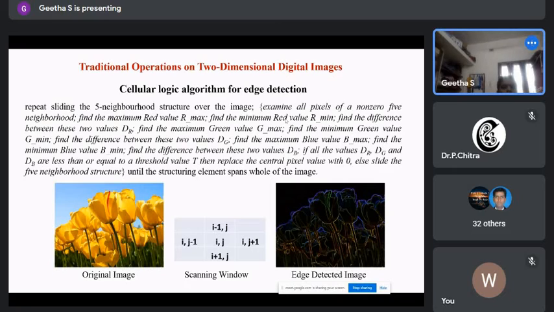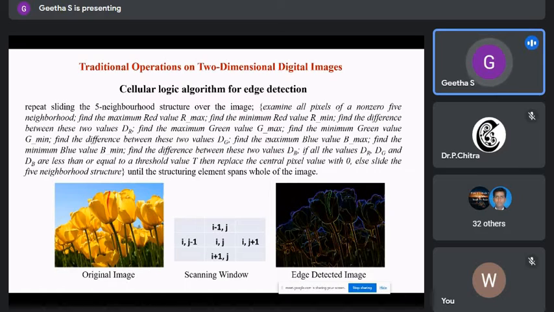So next one, cellular logic algorithm for edge detections. So now we are applying a 5 neighborhood structure over the image. It is one of the algorithms. So how will you execute it in this algorithm? Examine all pixels of the non-zero 5 neighborhood, and find the maximum red value, or max, and the minimum red value, or min.